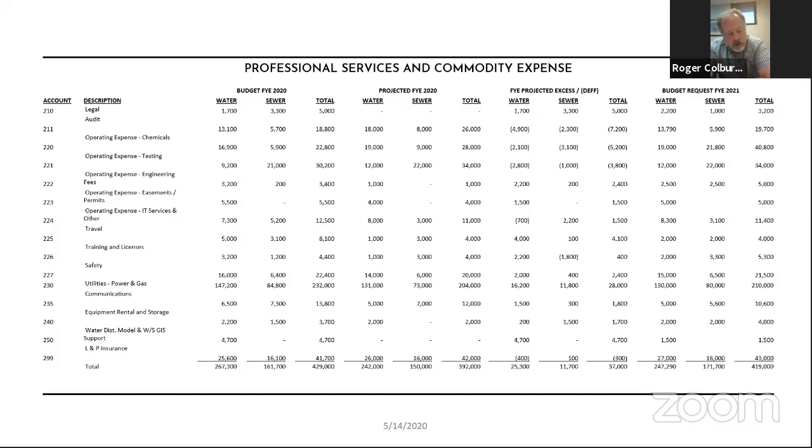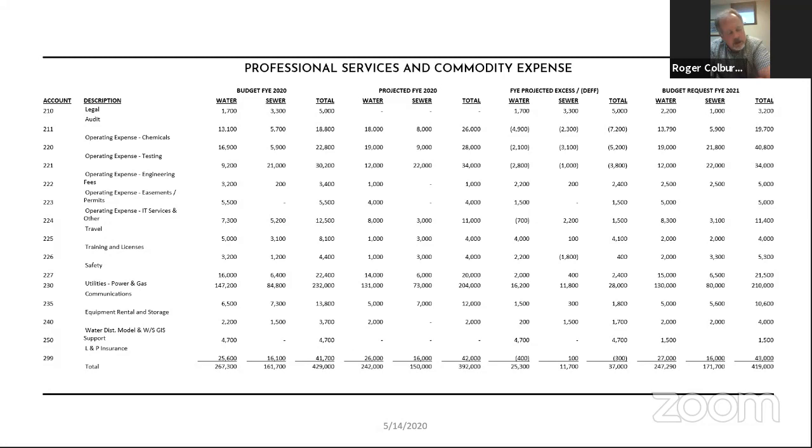The next item's the audit. On the audit, I projected a moderate increase from last year, and that's how I developed that budget. I do see what appears to be an issue on the cost there. Glenda, I'm going to have to ask you about that. I took the budget from last year.